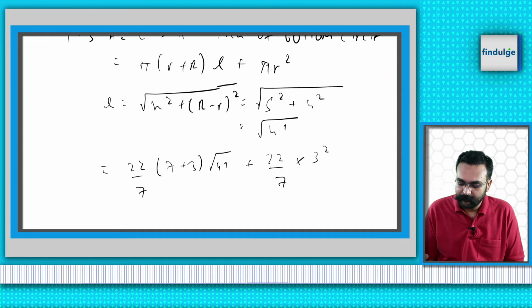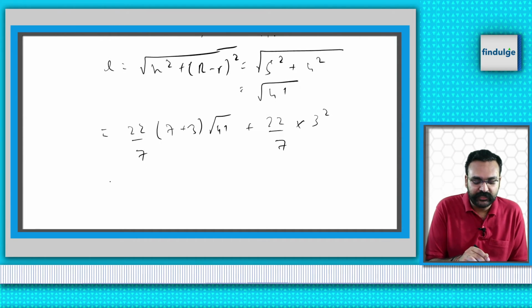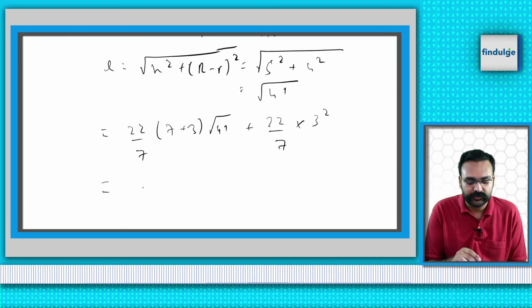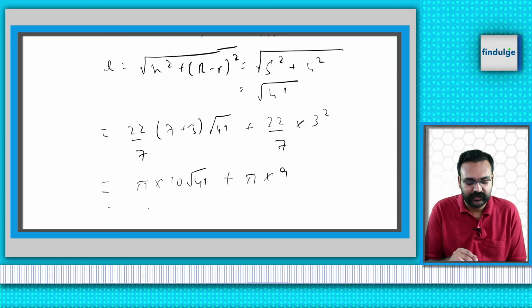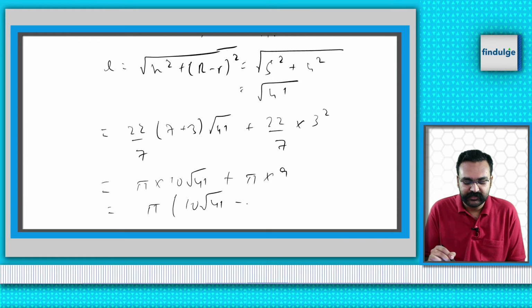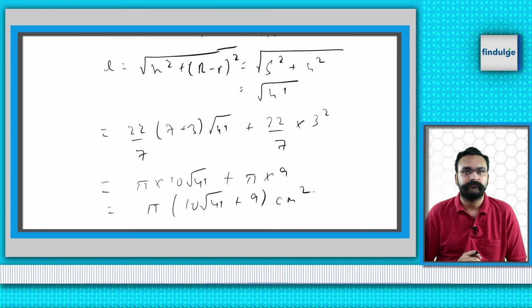If we want, we can leave pi as a constant first. So we have pi into 10 root 41 plus pi into 9, and so our answer is pi into 10 root 41 plus 9 centimeters squared. And so this is how you will deal with a question that involves a frustum.